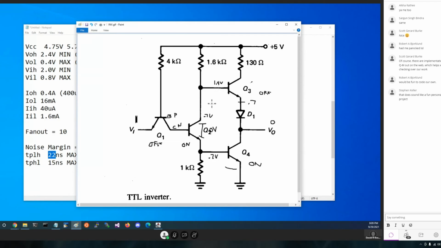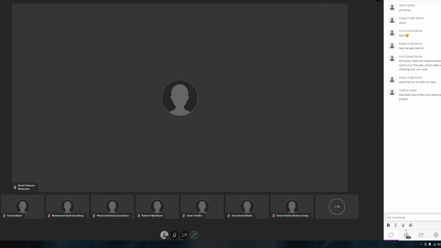Well, the reason here is we had 0.7 to get to here, and we've got a saturated transistor that could be as high as 0.7 volts, giving us the 1.4, which does turn this on. 0.7 here, 0.7 there, meaning now that this is off.